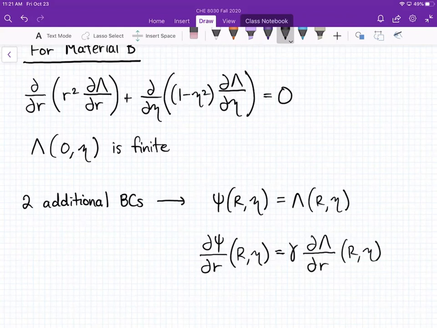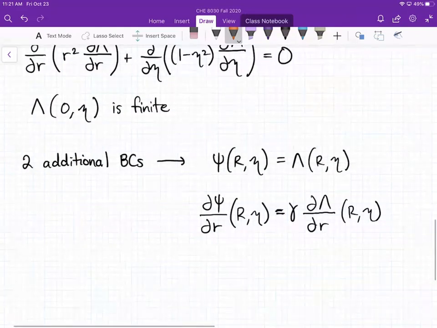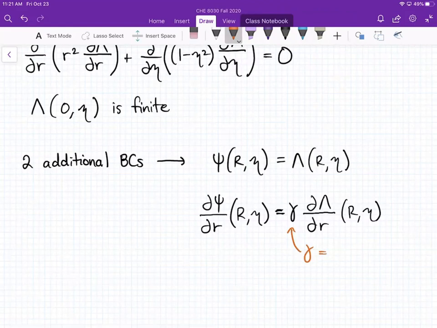And then I have a term gamma here, where gamma is simply equal to the ratio of my thermal conductivities, so KB divided by KA. Now I have four boundary conditions, two second order differential equations. I should be able to solve my problem.